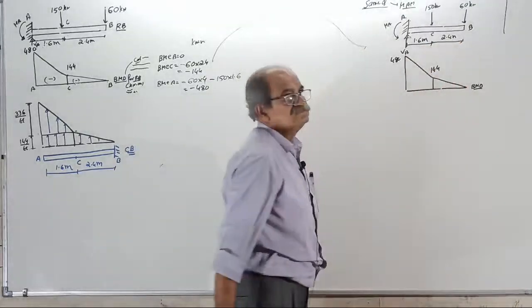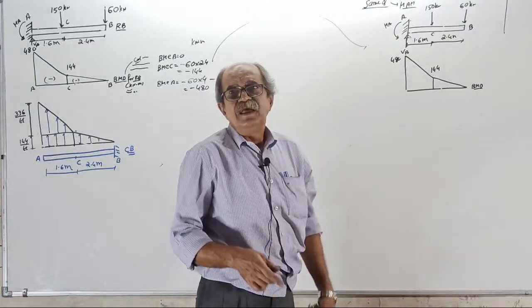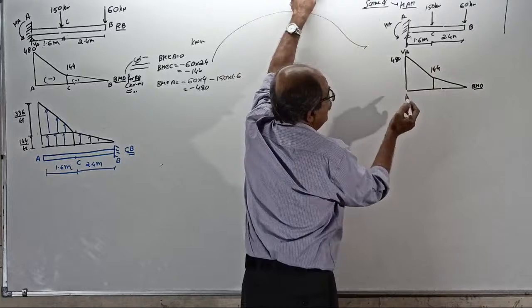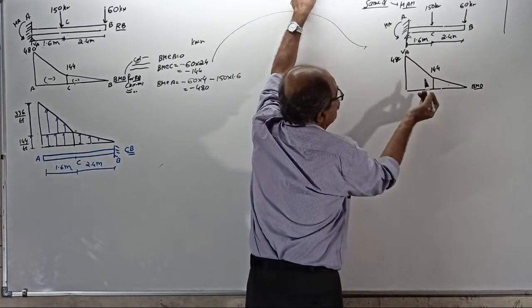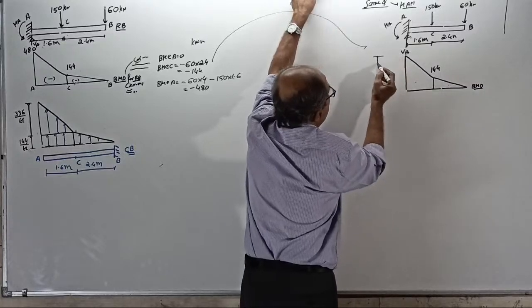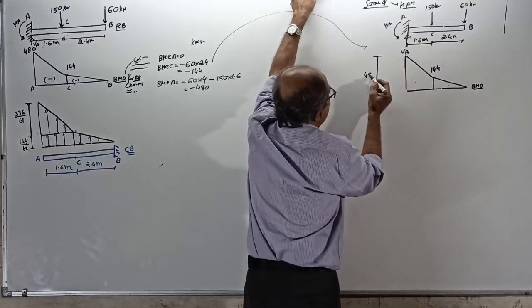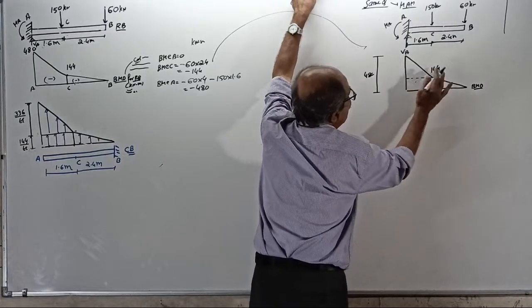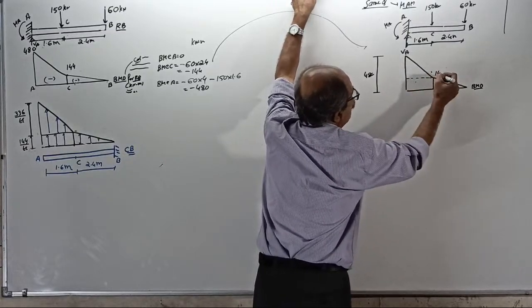BMD over. Now, tell me, if it is moment area method, what we want is one triangle and one trapezium will come. See, this is full 480. So what we will do? For that, we can divide like this. This is 144.